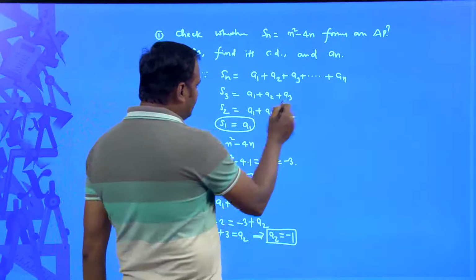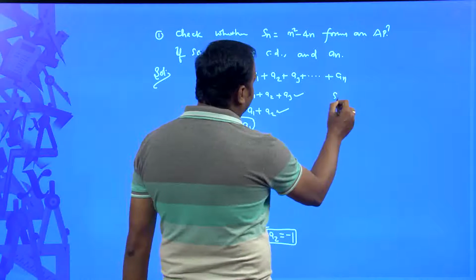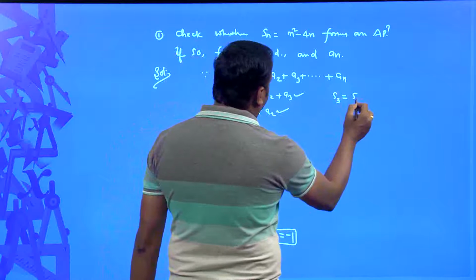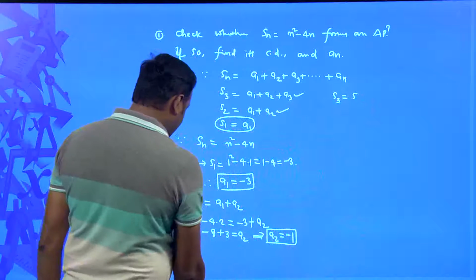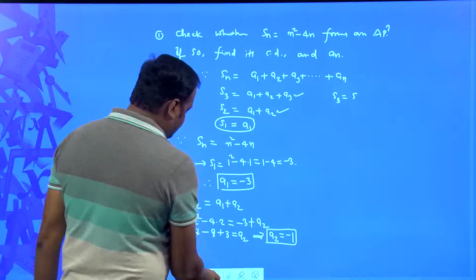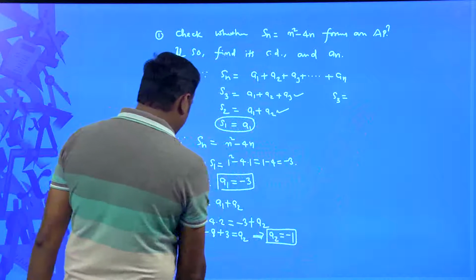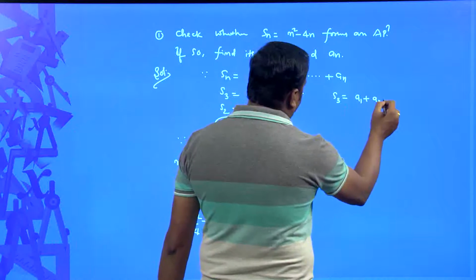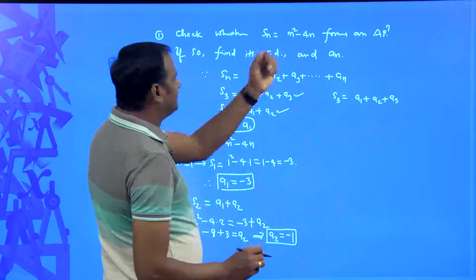Then I will go for this. Can I write this S3 as S2 plus A3, or else you can directly substitute, because the values of A1, A2, A3 are all there. So, S3 is equal to A1 plus A2 plus A3. S3 means substitute 3 in the place of n.